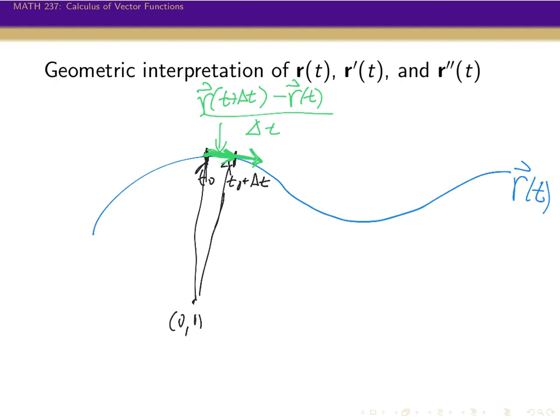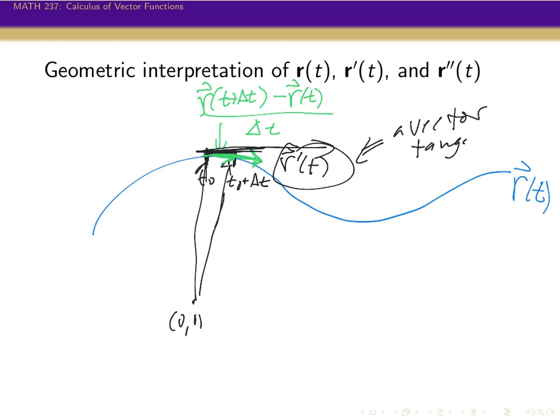Right? And as you get it closer and closer, you can see what r prime of t is eventually going to be. Well, it's going to be a vector going along the tangent line. So r prime of t is going to be a vector tangent to the curve at t naught.